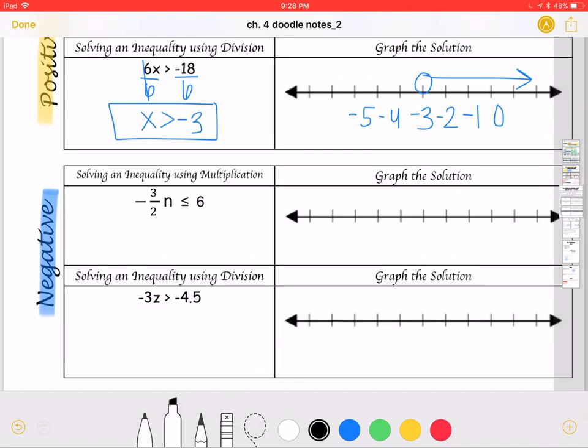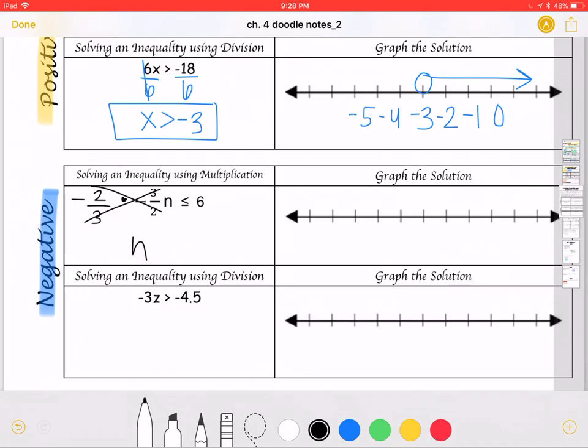Or if you remember our trick, dividing by a fraction is the same as multiplying by its reciprocal. So let's multiply by its reciprocal. Its reciprocal is just when you flip that fraction. Right now it's 3 over 2, so I'm going to make it 2 over 3. That'll cancel all this out, and I'll just be left with n.